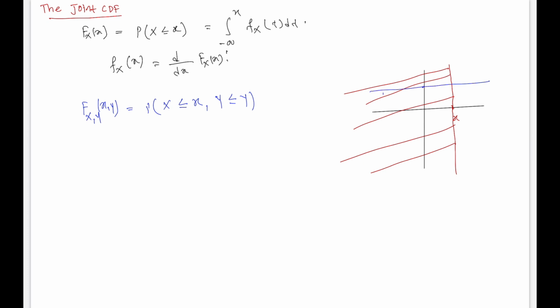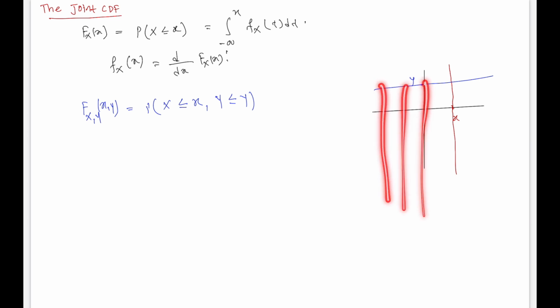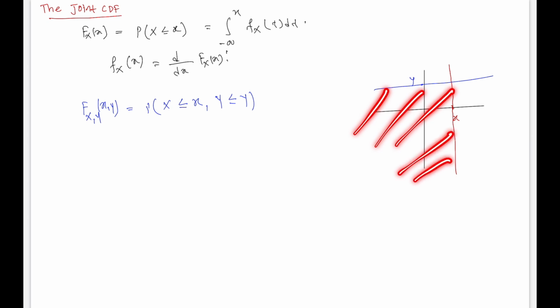Let's say this is little y, so this region. The common region is this one, and we are interested in finding the probability of this region.